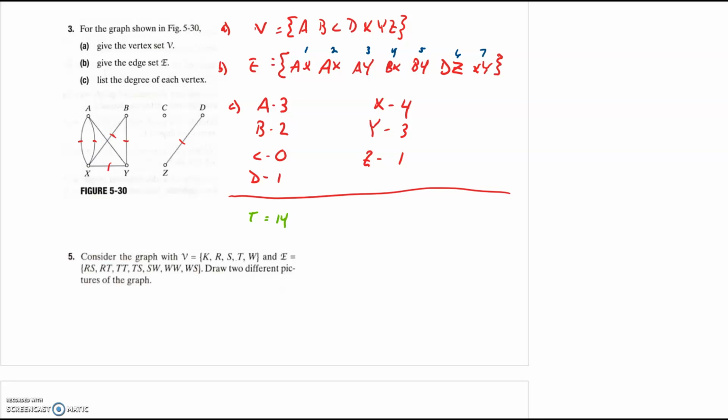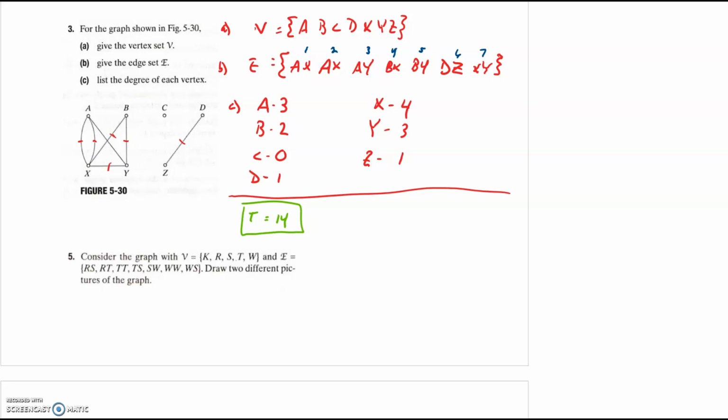And if we think about that, that totally makes sense. It totally makes sense that my total degrees in the graph should be twice as much as my total edges, because each edge has a beginning and an end. So there are 2 ends to each edge, which means that you should have a total degree in the graph twice as much as the number of edges.